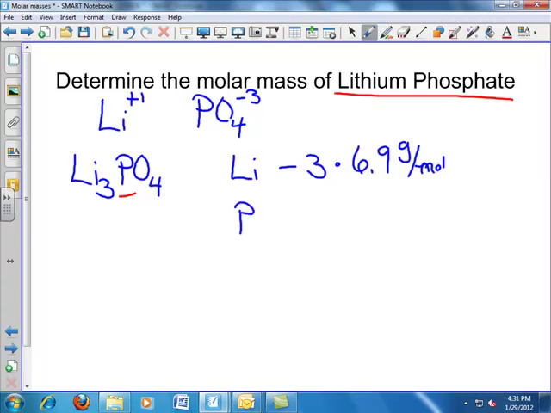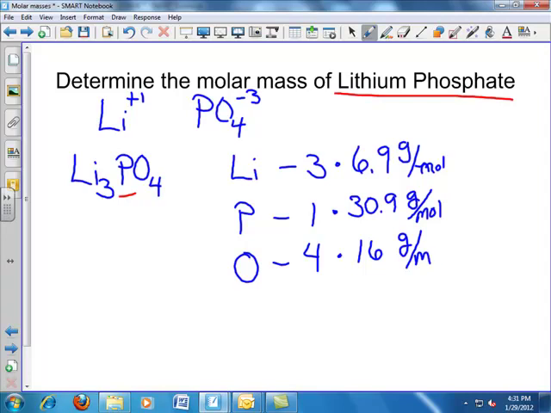And each phosphorus is 30.9 grams per mole. And then I have oxygen. There are 4 of them, and each oxygen is 16 grams per mole.